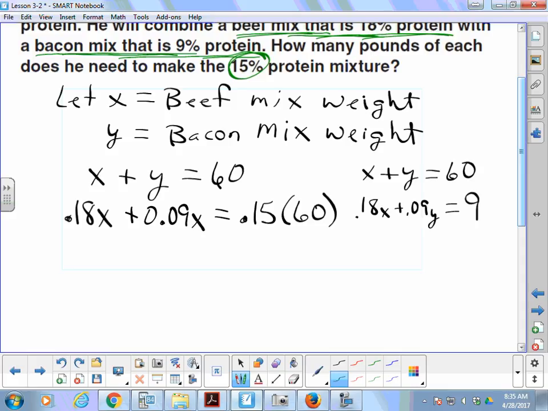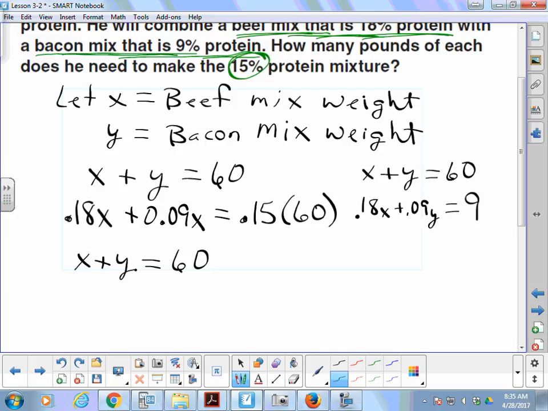So here are the two equations that I'm working with. You can use substitution or elimination to do them, whichever one you want. Now, I'm not a big decimal guy, and these are kind of tough with those two decimals, so I'm going to get rid of those decimals to help me out. So I'm going to rewrite it. We've got x plus y equals 60.